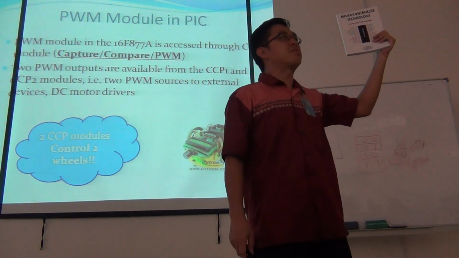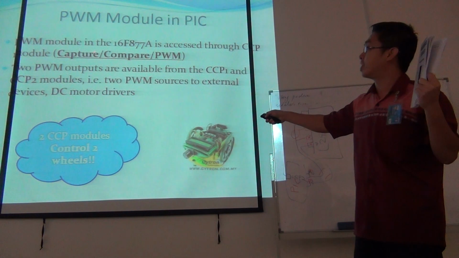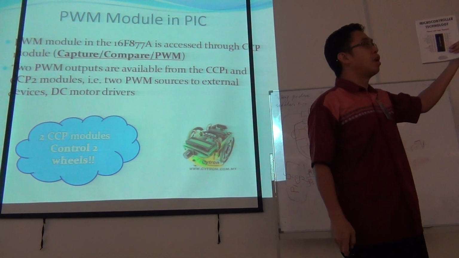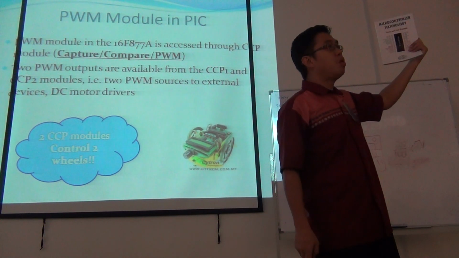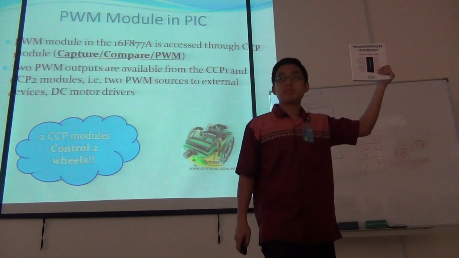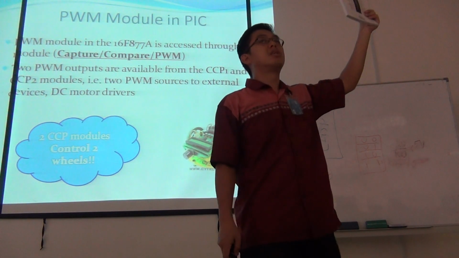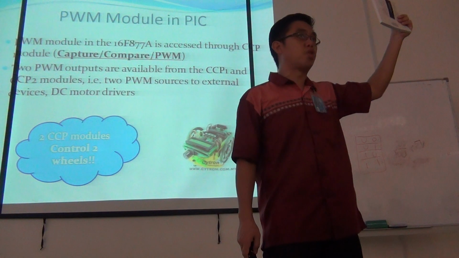The pin which is very important is they call it capture, compare and PWM, CCP pins, located at port C, pin 1 and pin 2. On your book you can see there are two pins that are going to be used for controlling the motor.